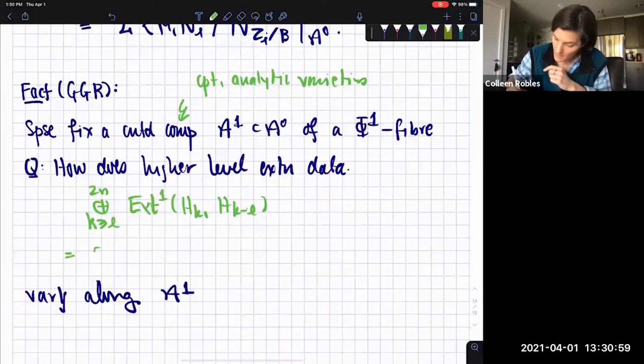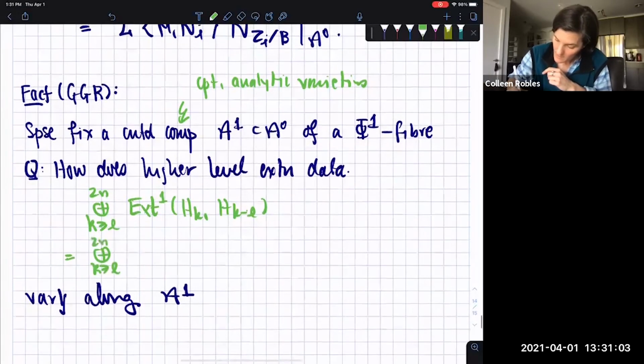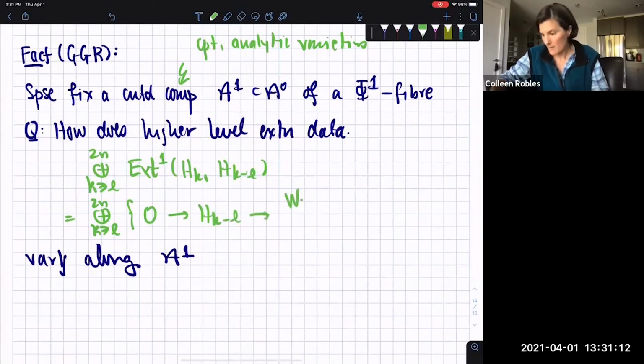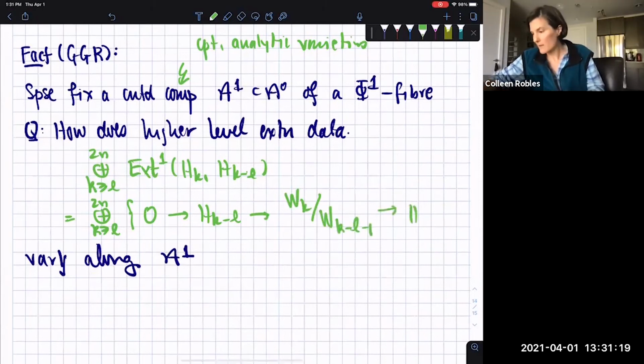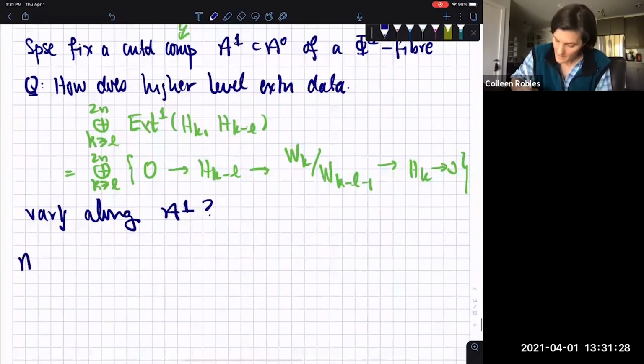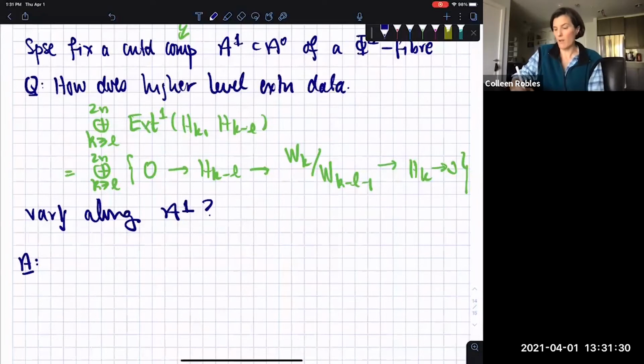So these, if you want to think of these as exact sequences, are the sequences 0, H^{K-L}, W_K mod W_{K-L-1}, and then H^K and 0. And the answer is not at all.